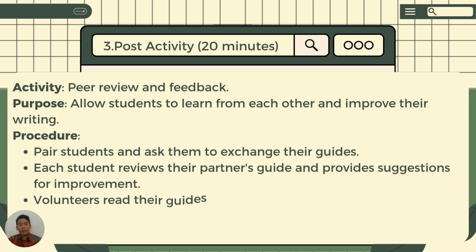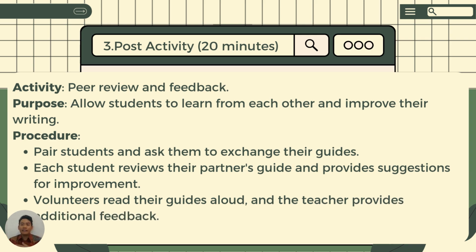The procedure will be to pair students and ask them to exchange their guides. Each student reviews their partner's guide and provides suggestions for improvement. Then volunteers read their guide aloud, and the teacher provides additional feedback. Not just writing it down, they're also going to read it.